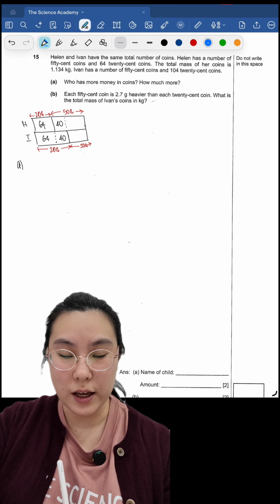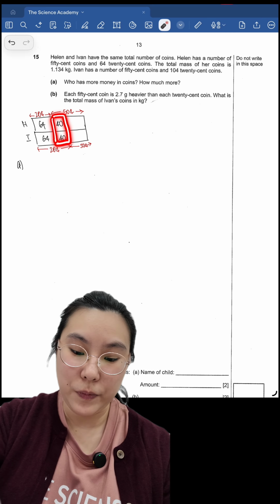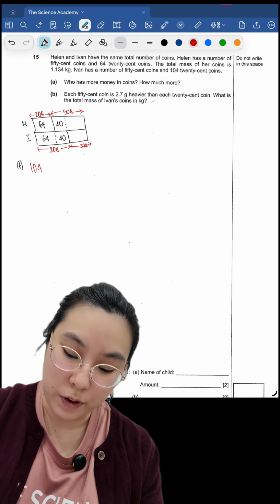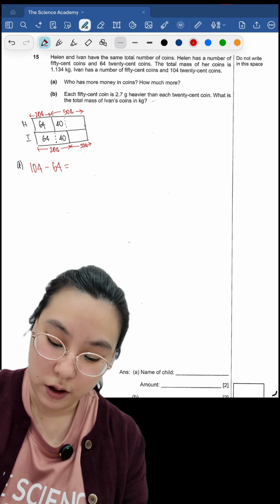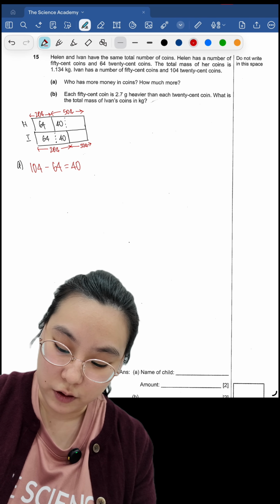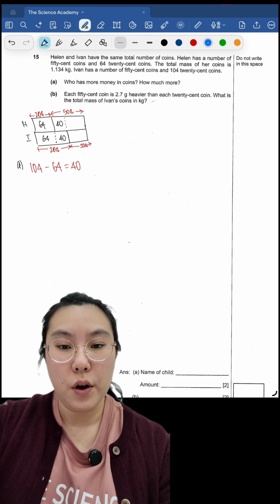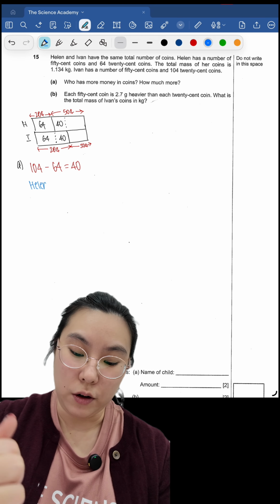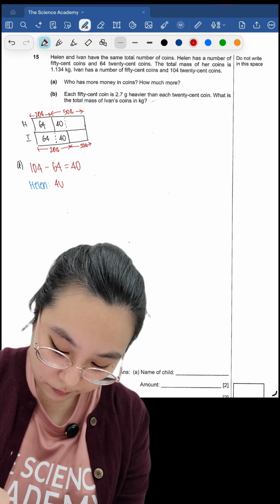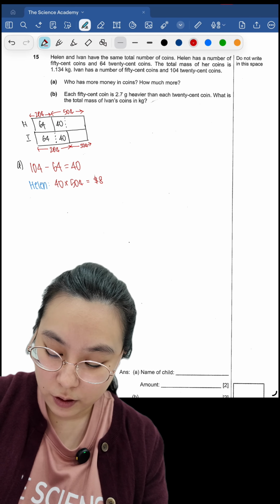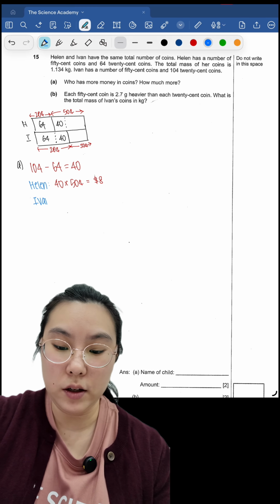So the first part of the working is to show the understanding in the difference in number of coins here, which would be 104 minus 64, giving you 40 coins difference. Now therefore, find the value of these 40 coins. For Helen, the 40 coins would be all 50 cents, which would give a value of $20.